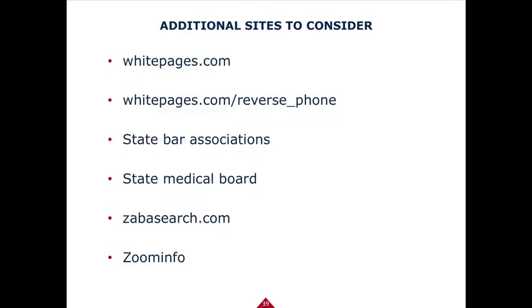One of the things it's really great for, though, is that it has a reverse phone search available. So if you're looking for previous donors and you want to know if that phone number is still good for that person, do a reverse phone search on them. Also, any kind of state licensing boards are really good to find contact information for people.